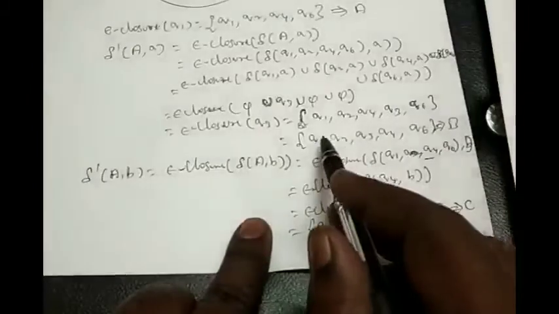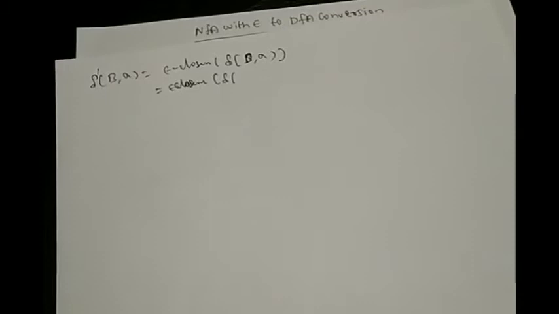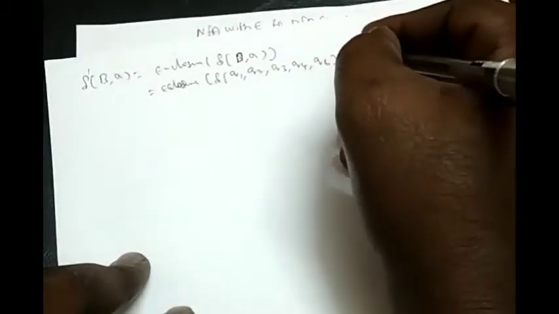Set b is actually having q1, q2, q3, q4 and q6. I just apply here set b: q1, q2, q3, q4 and q6. And I have to apply a here.